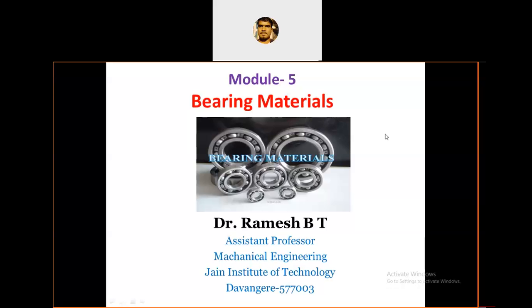Indirectly, if you increase the life of the component, it means that we can also save a lot of money. Correct? If you increase the life of the component, we reduce the operating cost, so that indirectly it saves a lot of money.